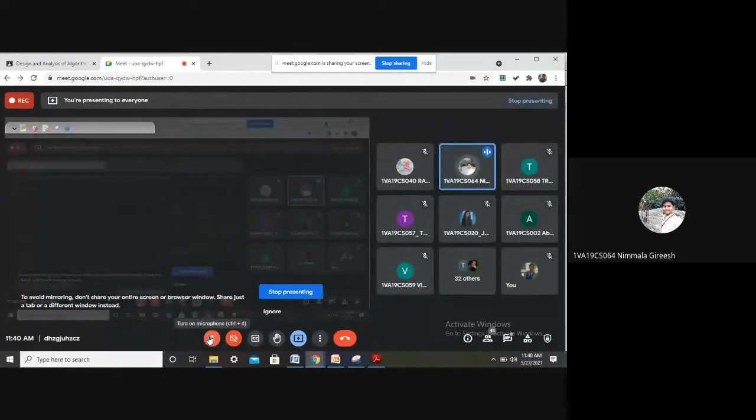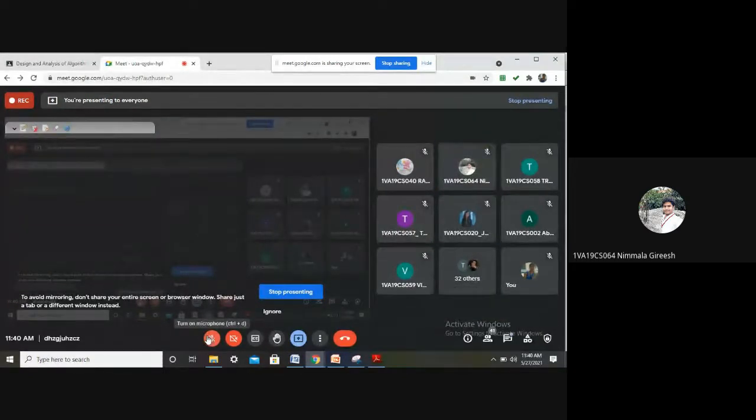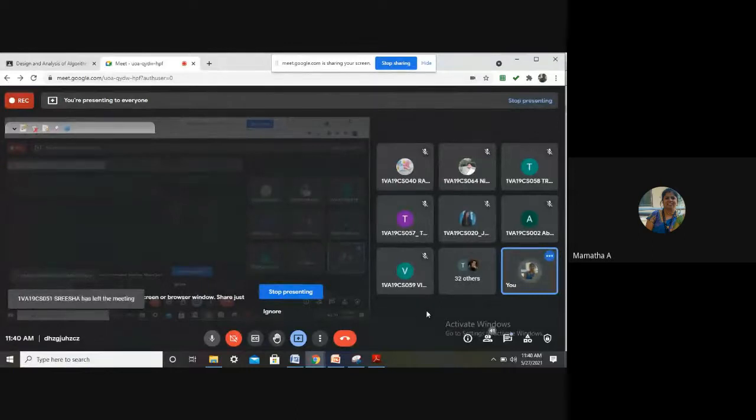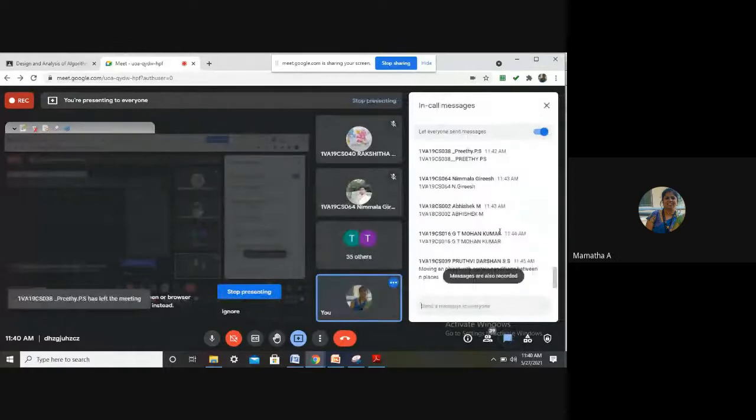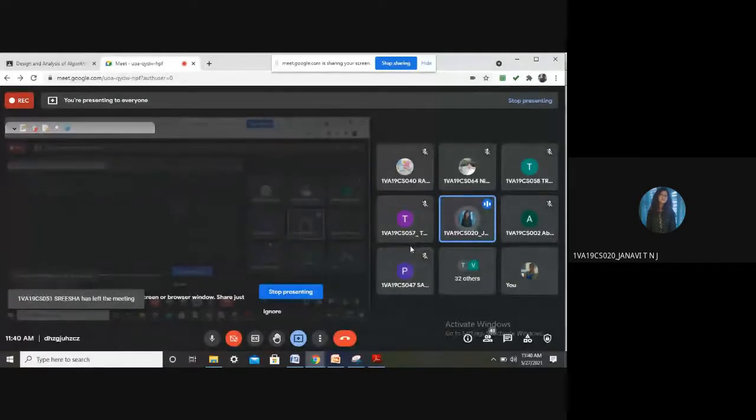We have to move the disks from the source peg to the destination peg by using an auxiliary peg. Okay. Thank you, Girish. To some extent, you have given the answer. Does someone want to add to it? I think I have got a message from Prithvi that it is moving an object with certain conditions between n places. Anything else you would like to add? Ma'am, only 3 pegs should be used and one disk should be moved at a time.